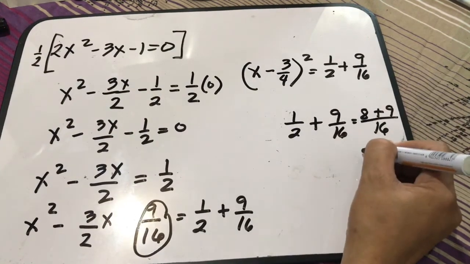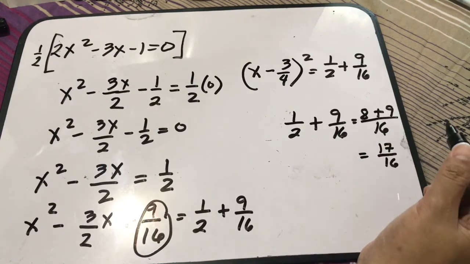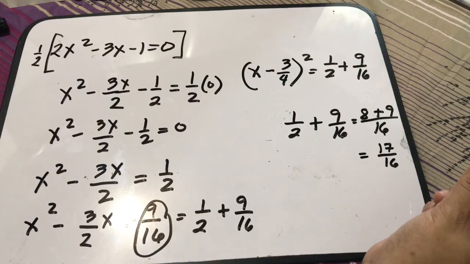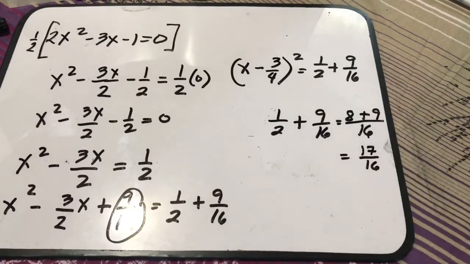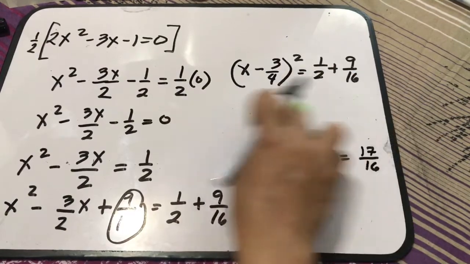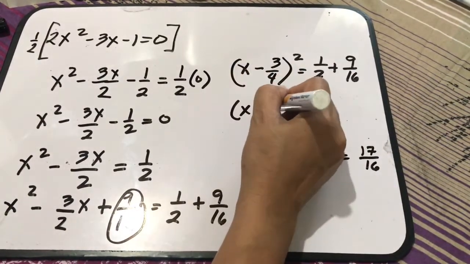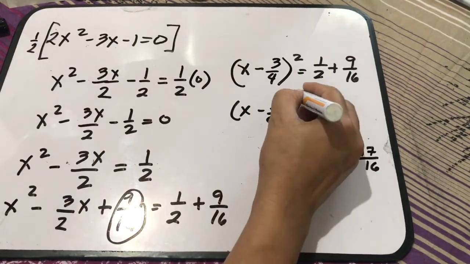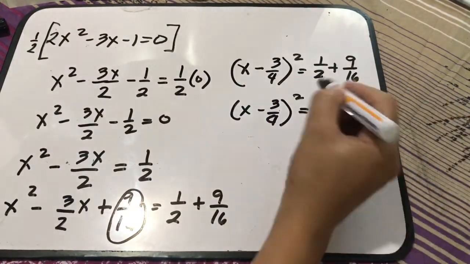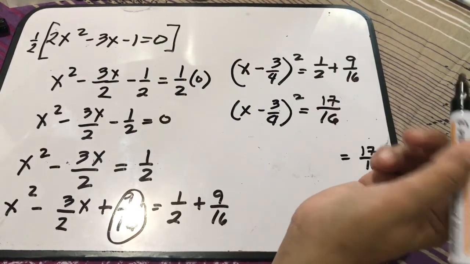So, 8 plus 9 is equal to 17 over 16. Okay. So, I'm going to erase this now. Our equation becomes x minus 3 over 4 quantity squared is equal to 17 over 16.